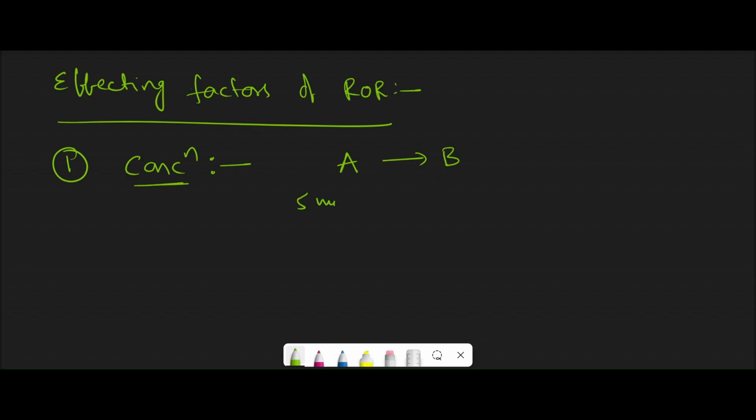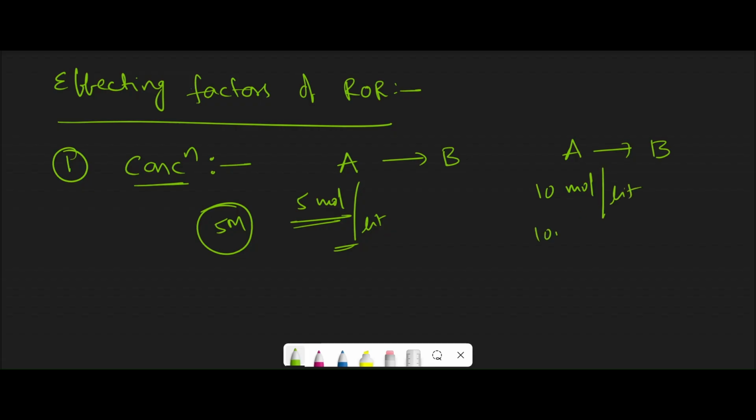Suppose initially I have taken 5 moles per liter, that means 5 molarity of A, and the reactant A is converted into B. In the second case I have taken 10 moles per liter, that means 10 molarity.